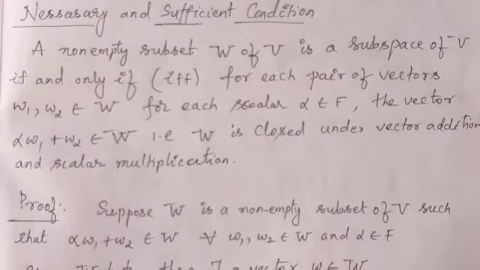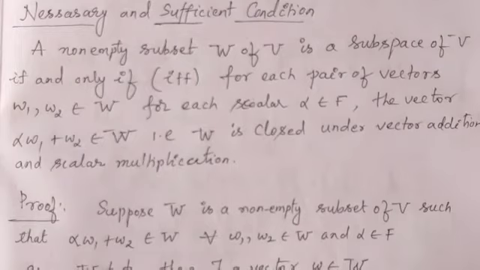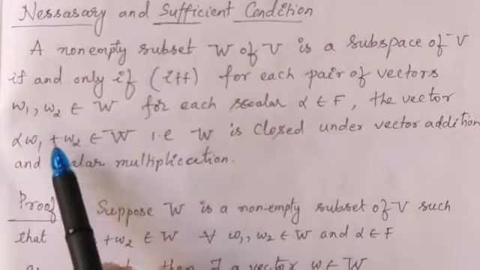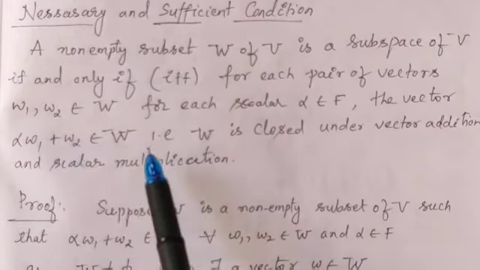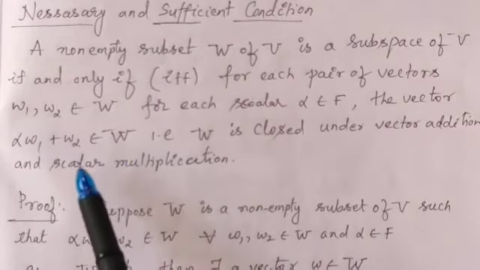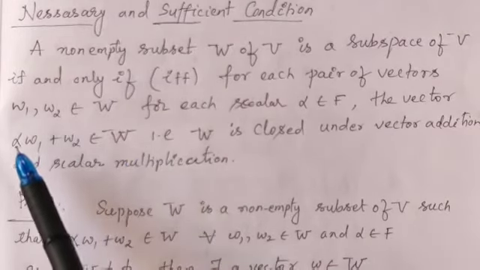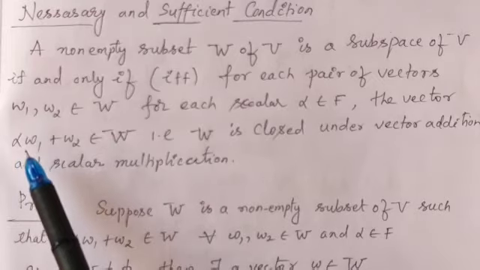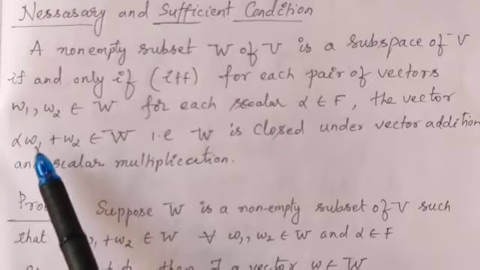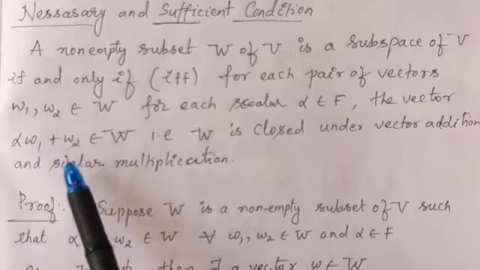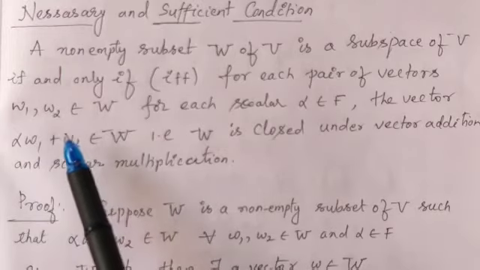for each pair of vectors W1, W2 in W, and for any scalar alpha belonging to F, the vector of the form alpha W1 plus W2 must be in W. So what it says: the first term is scalar multiplication, and the entire thing is one vector plus another vector, which is vector addition.